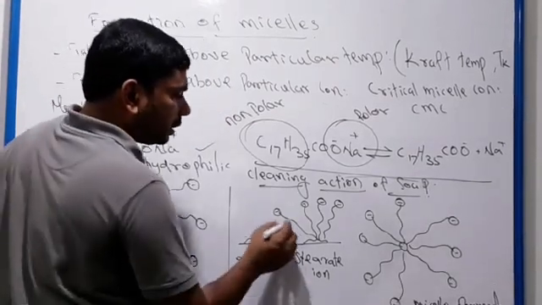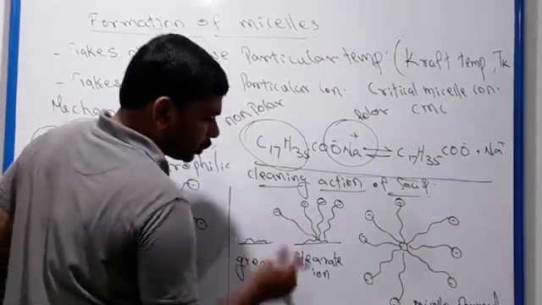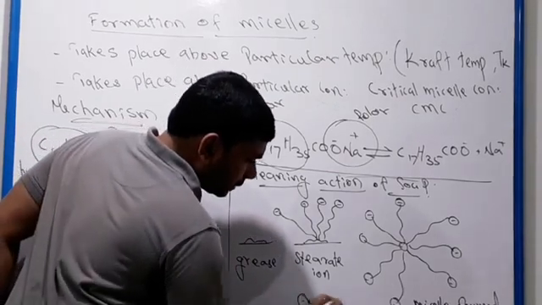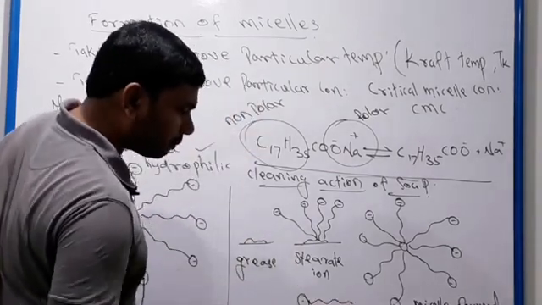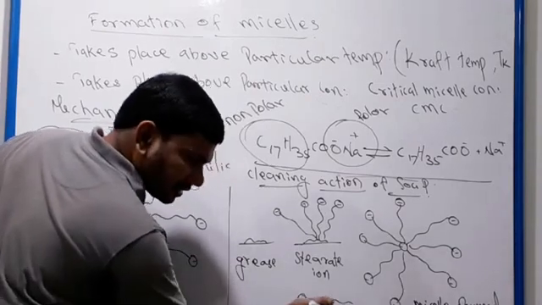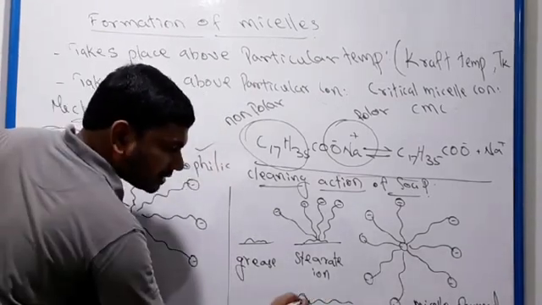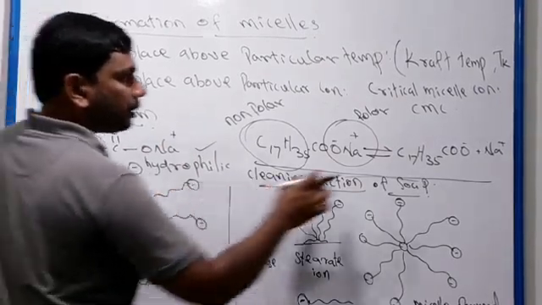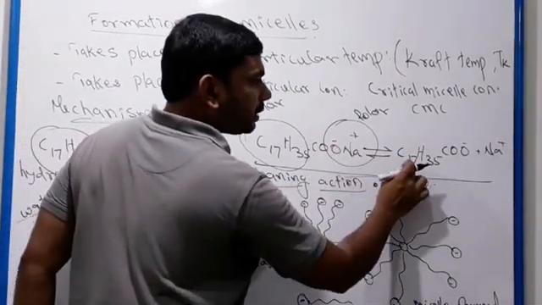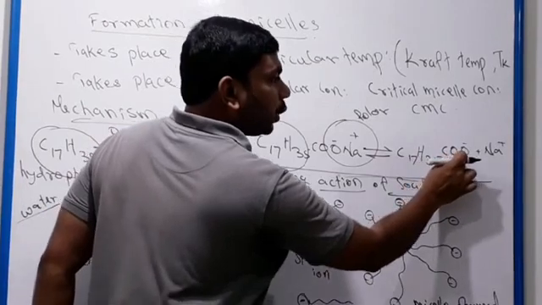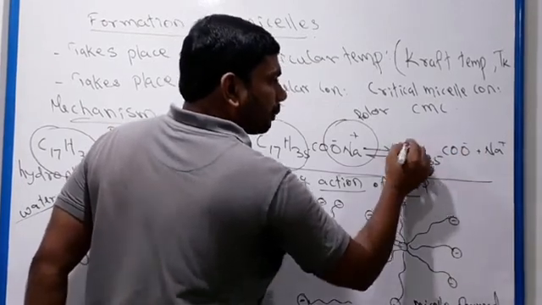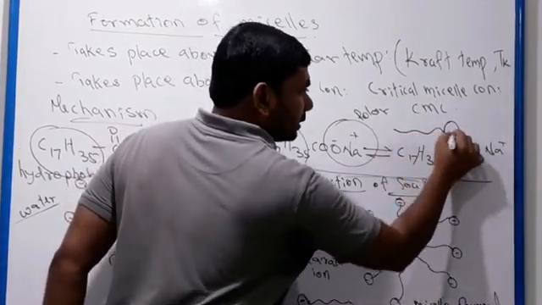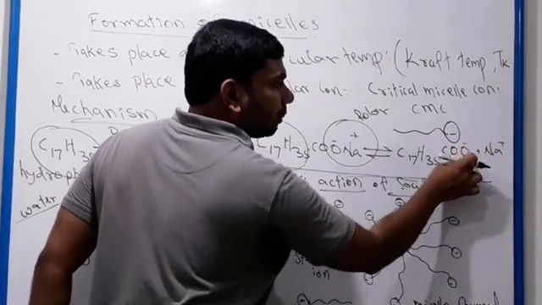So this structure represents soap, and this negative part represents the polar part. Here we know soap is C17H35COO minus.